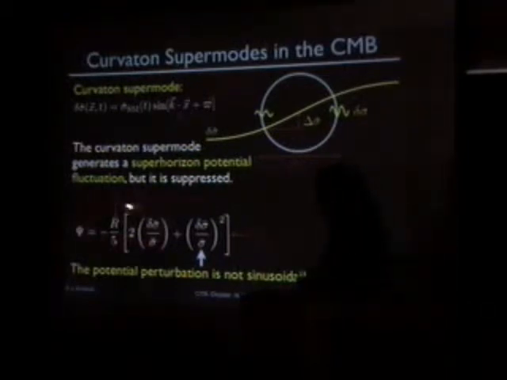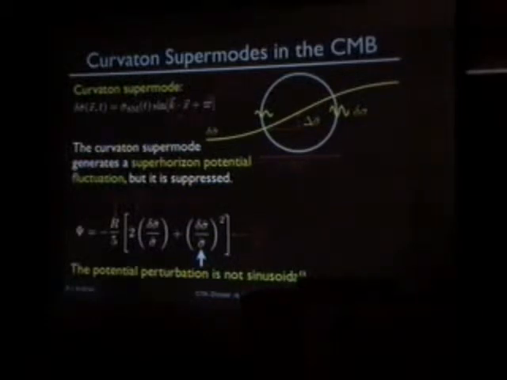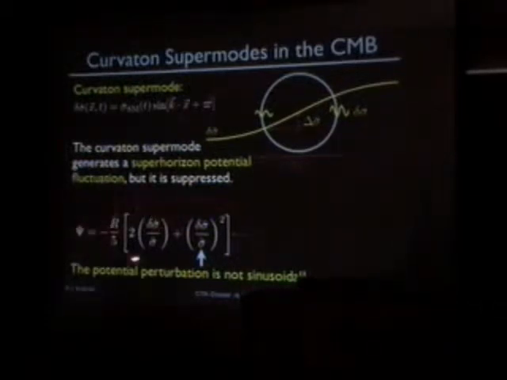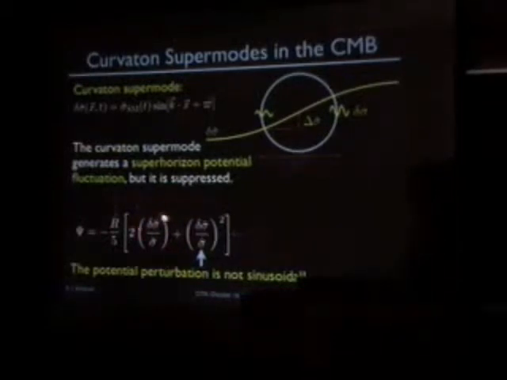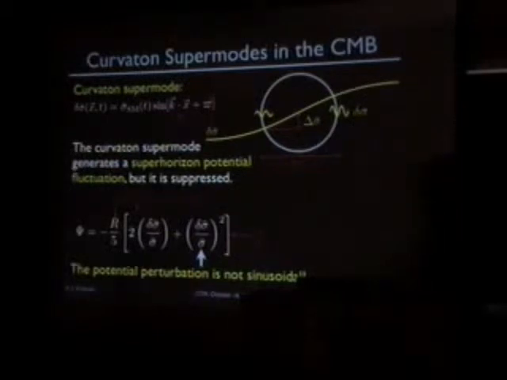It's suppressed by this factor R, which is the fraction of energy density in the Curvaton just prior to its decay. Another key difference is that the potential here is not just proportional directly to delta sigma over sigma bar. It also has this term squared, which means if we start out with a sinusoidal perturbation in sigma, we're not going to end up with a sinusoidal potential perturbation.